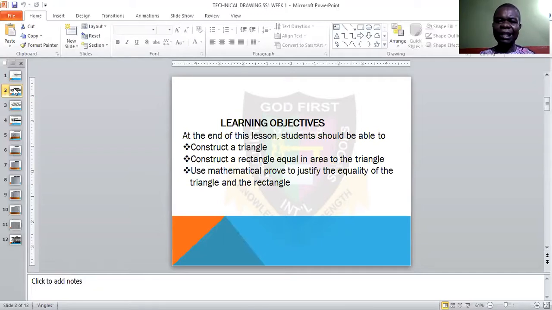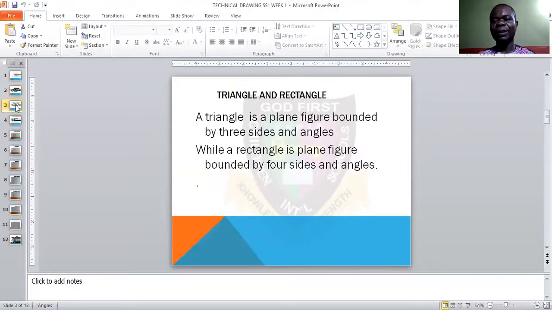Then the last thing is you should be able to use mathematical proof to justify their equality. That is, the value of the area of the rectangle and the value of the area of the triangle being equal. We now move on to the content.